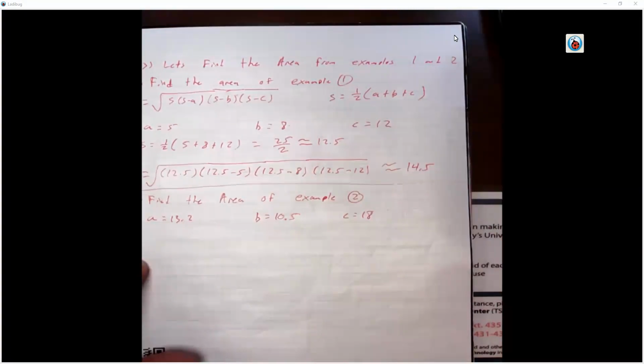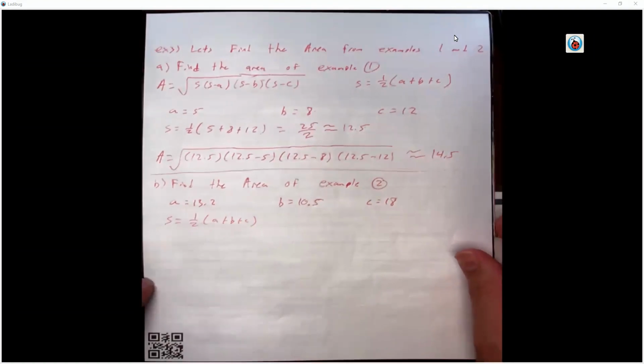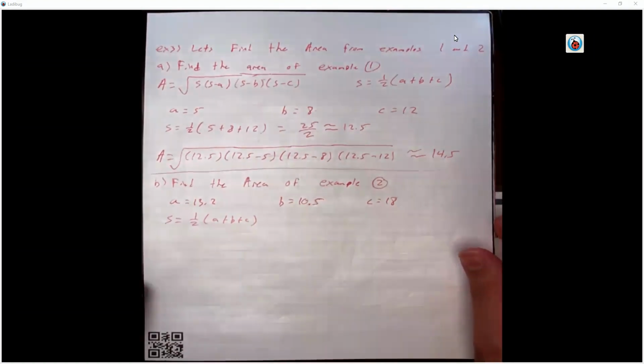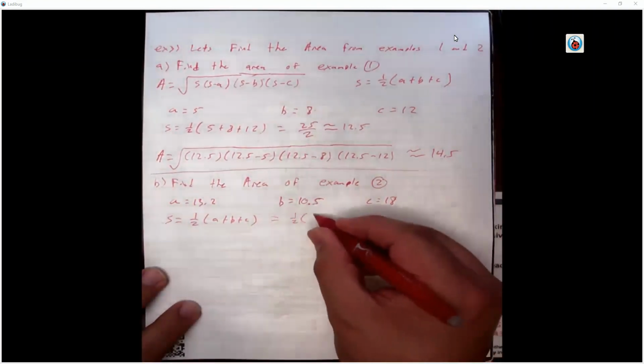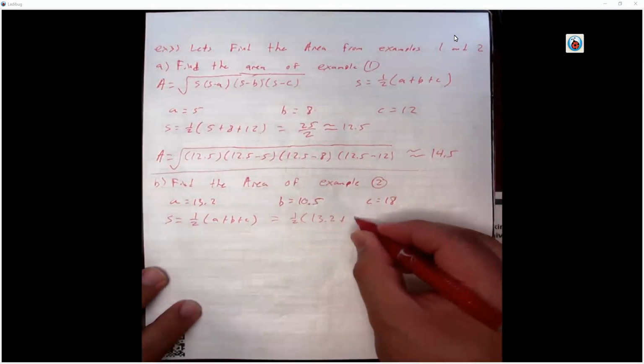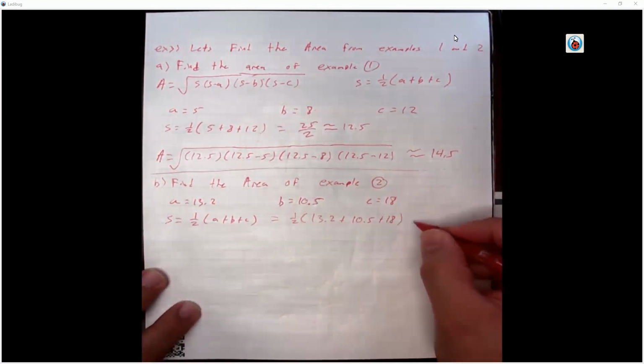Okay. The first step is find your S. So S is 1/2 the sum of the sides. So that will be 1/2 times this garbage. I think earlier I got 20 something.